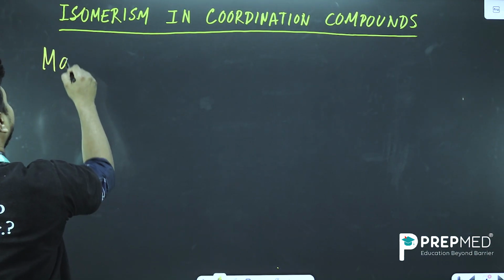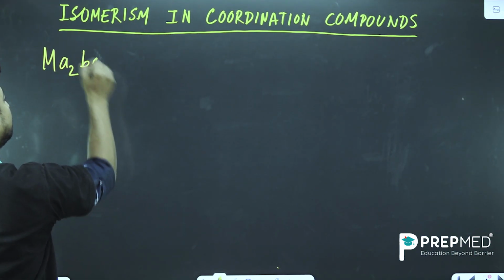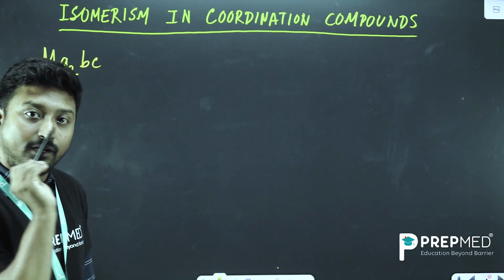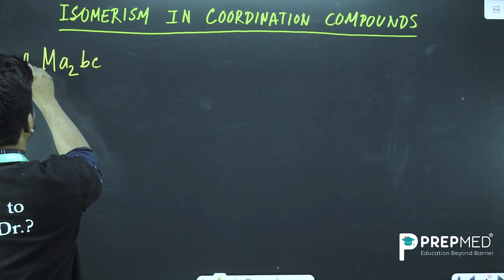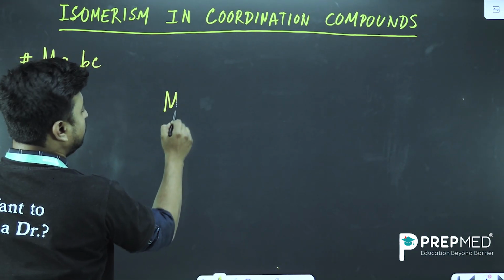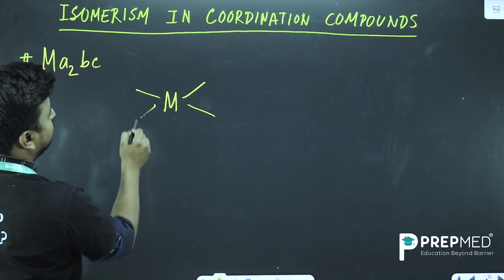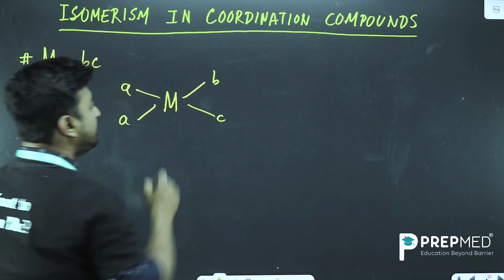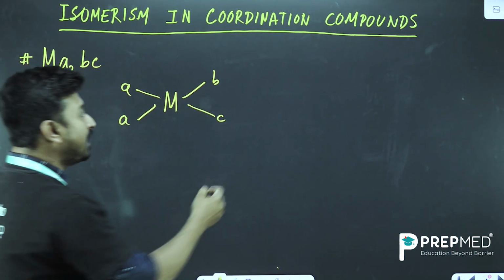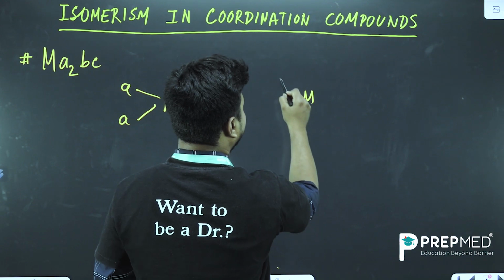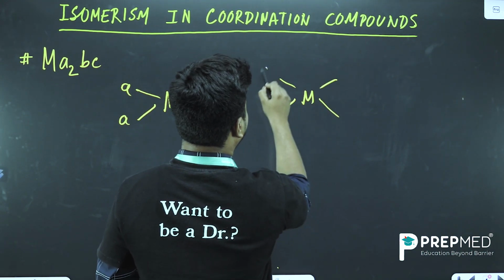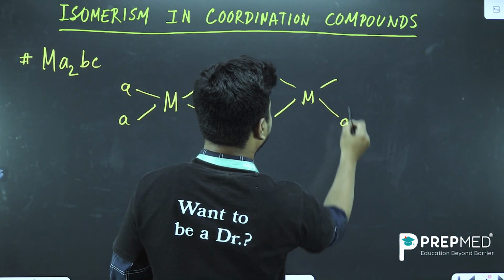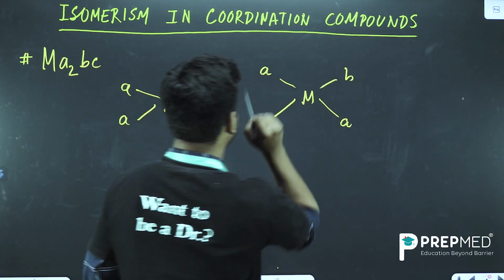Now, next category. Let's say MA2BC. ये वाला देखते हैं. MA2BC. Now, what happens in MA2BC? MAABC, this can be one possibility. दूसरा, second possibility, MAABC.